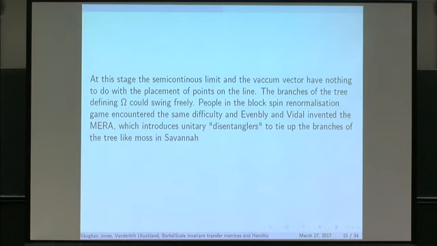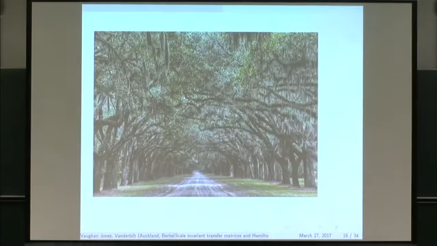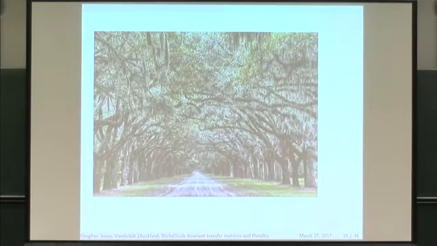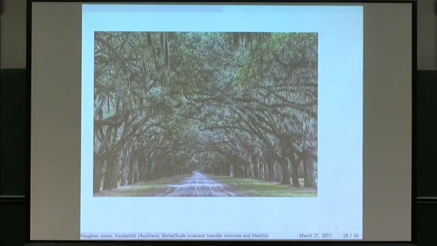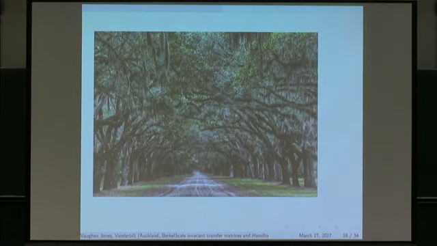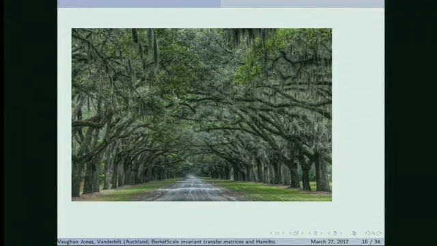So here's a somewhat schematic picture of the disentangler. You have all of these branches of the trees, and instead of being independent, they get connected by all this moss. So the moss in this picture is the disentanglers of Evenbly and Vidal. And if you want an actual picture of what the MERA looks like as a tensor network, just Google it, you get squares.